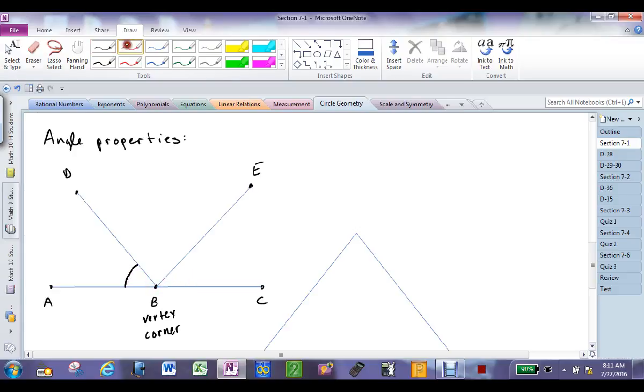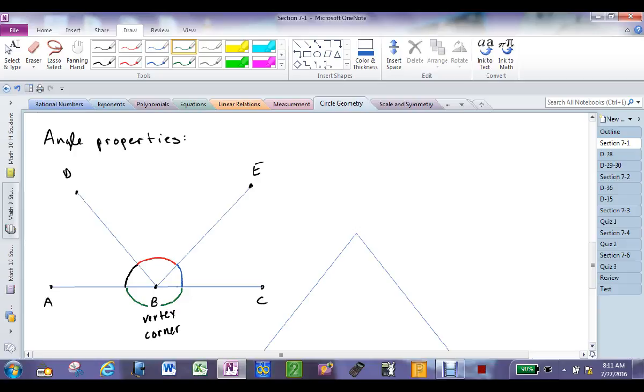There's one, then there's this red one, then there's this blue one. Does everybody understand? So we can't just call it angle B, can we? Because there's even a fourth angle there, isn't there? The fourth angle is this one all the way across the bottom. So angle B really has four angles there. So I can't call it angle B. So I have to change the name a little bit.